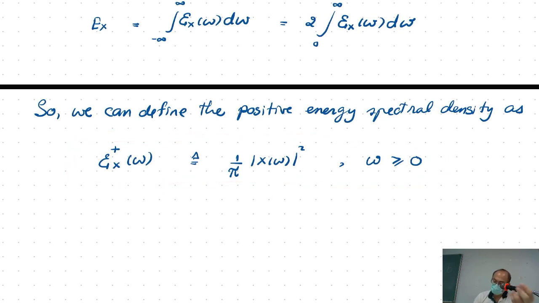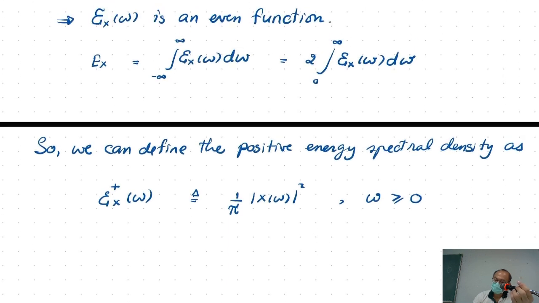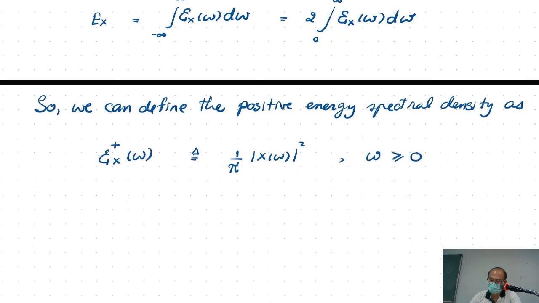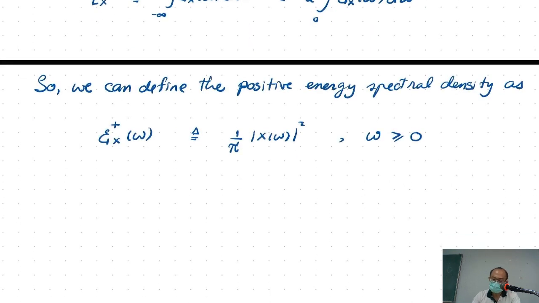When we define it for positive frequencies, we have to multiply the original energy spectral density by 2, because of the even characteristics of E x.